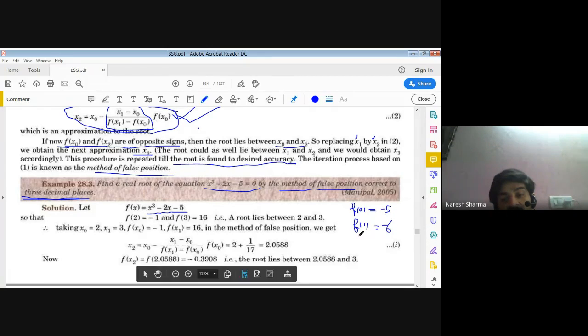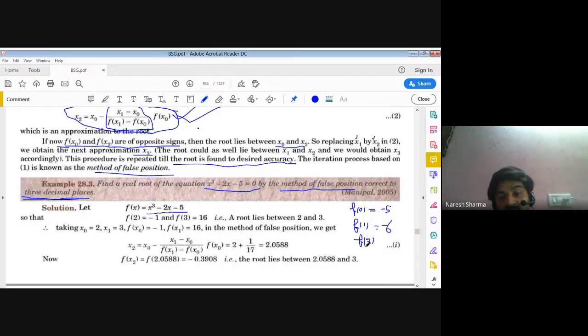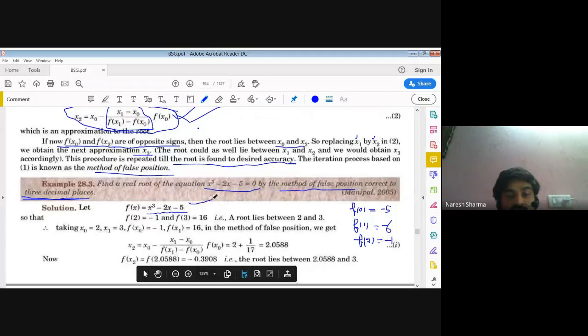When you put 2, 2 cube is 8, minus 2 into 2, that is minus 4, so 8 minus 4 is 4, minus 5 is minus 1. So after calculating, at 2 you get minus 1.